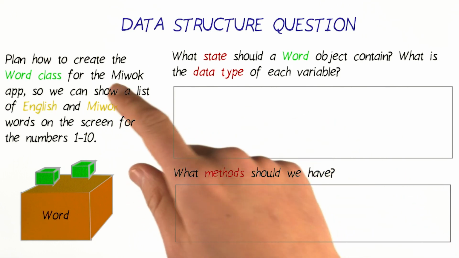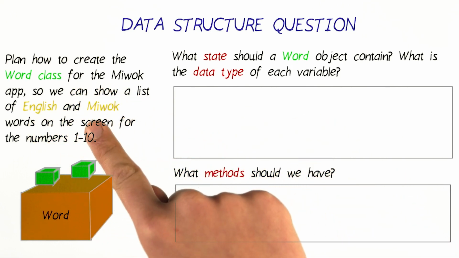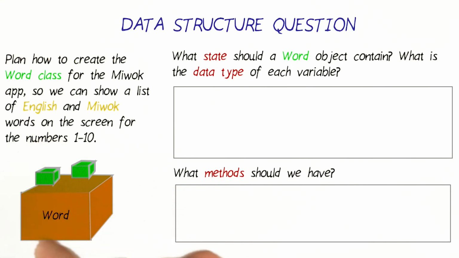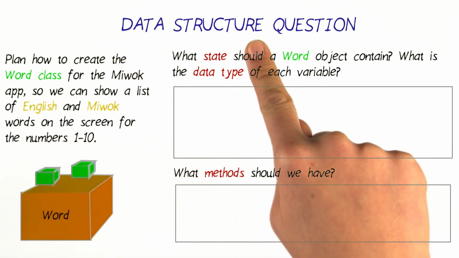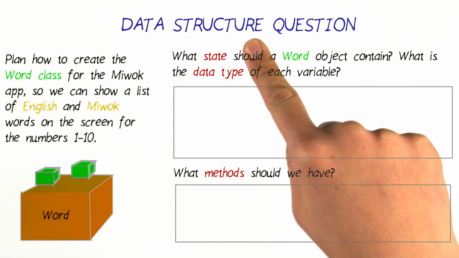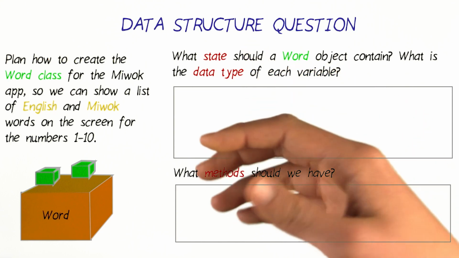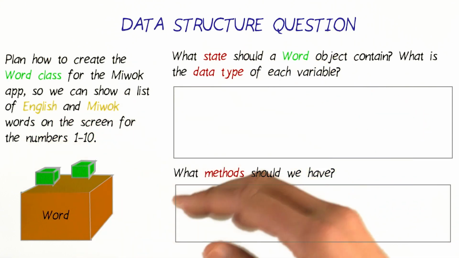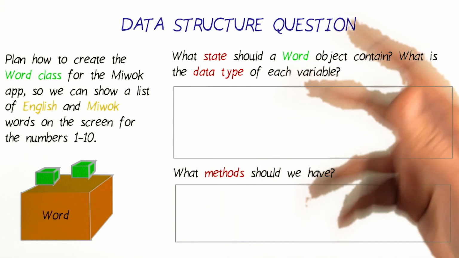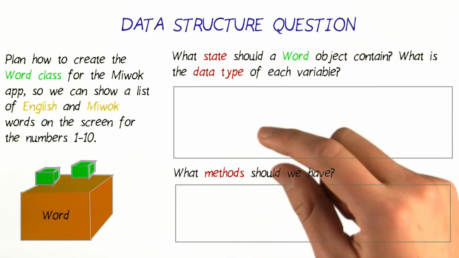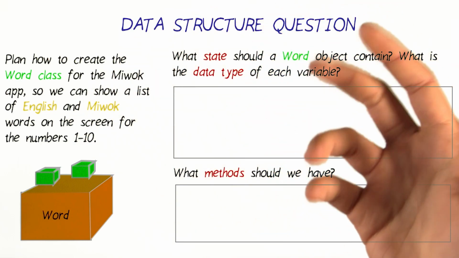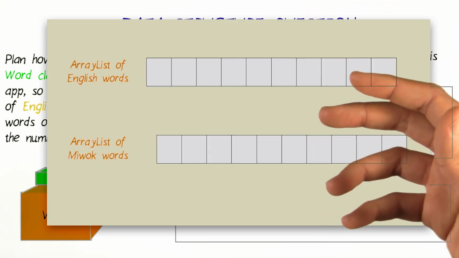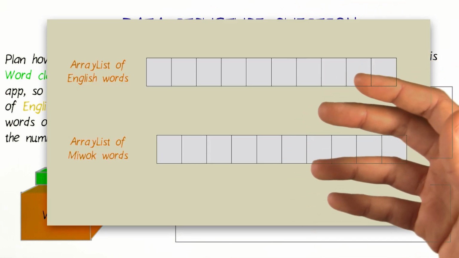I want you to show the English and Miwok words in the list. How can you model that data? This is a data structure question because you have to decide how to structure the data in your app. If all the information is stored as individual global variables in the app, it would become really hard to manage. Instead, we want to organize the data so it's easier to retrieve and display onto the screen. You've already started doing this, being familiar with data structures.